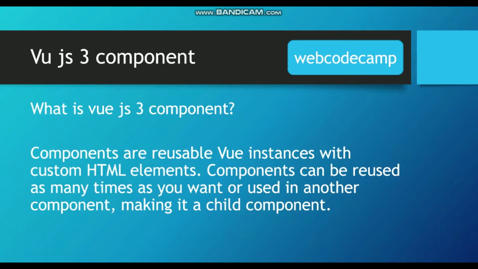At first let me discuss what a component is in Vue.js 3. Components are reusable Vue.js instances with custom HTML elements, and components can be reused as many times as you want, or used in another component, making it a child component.